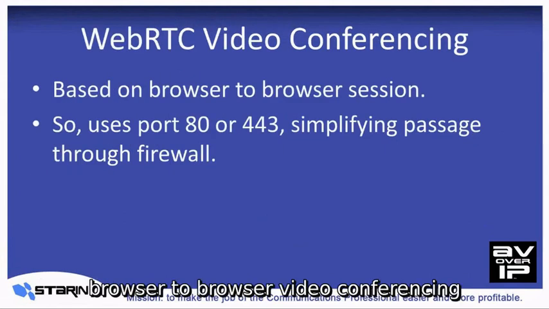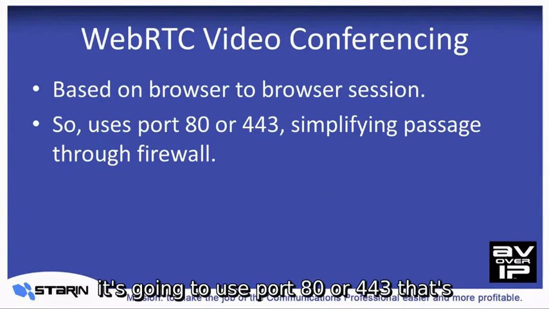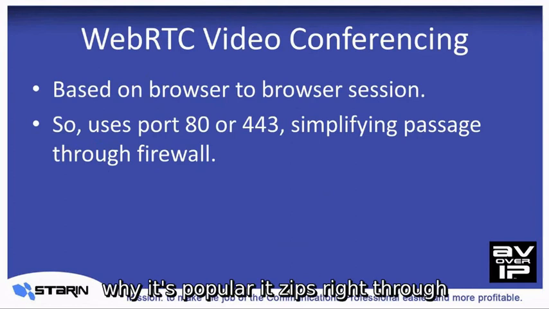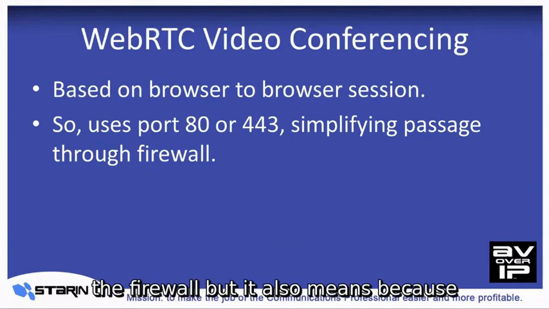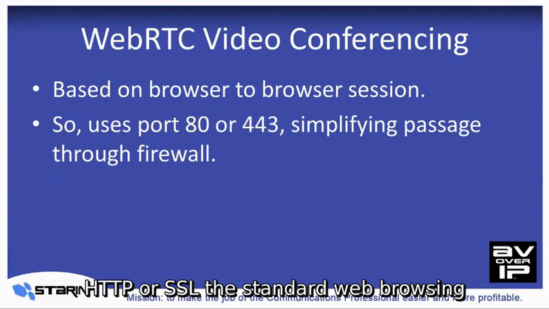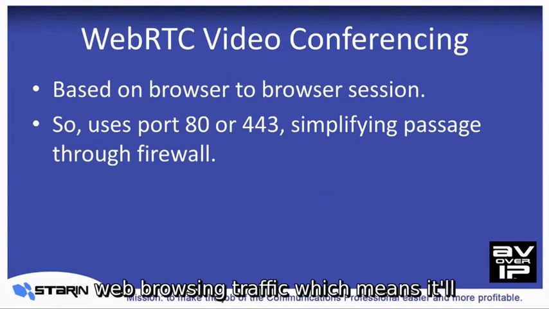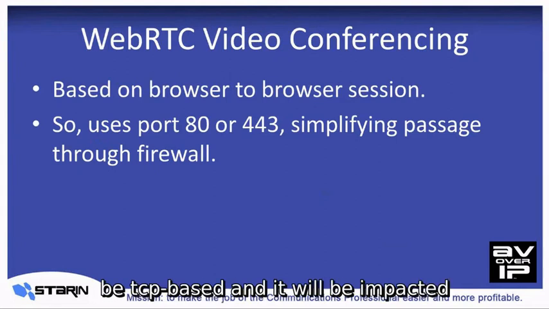WebRTC is browser-to-browser video conferencing. And because it is browser-to-browser, it's going to use port 80 or port 443. That's why it's popular. It zips right through the firewall. But it also means that because it's using port 80 or 443, it's either HTTP or SSL, the standard web browsing protocols. So it's going to behave like web browsing traffic, which means it'll be TCP based.